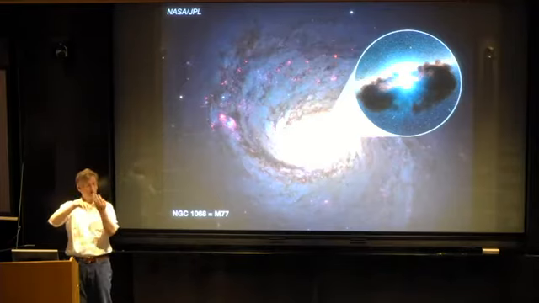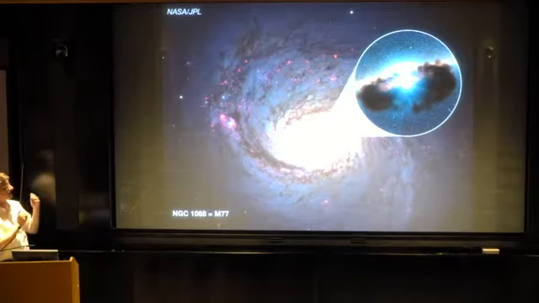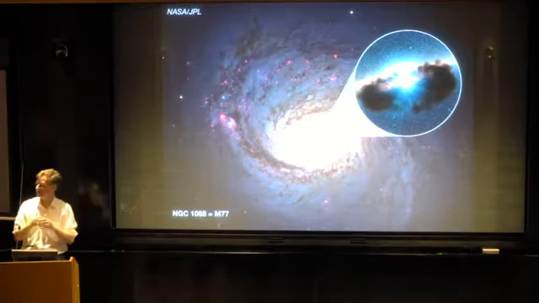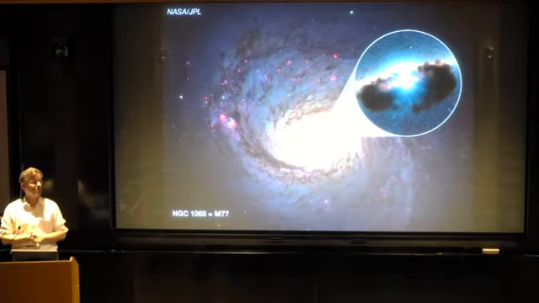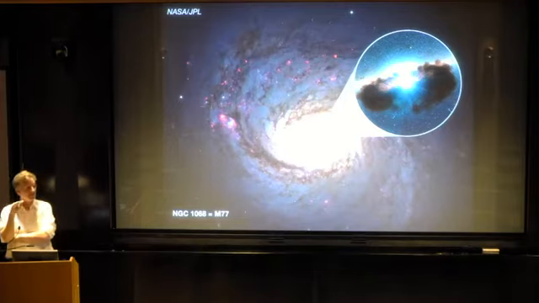And this object has played an outsized role in the history of thinking about these Seyfert-2 systems because it is the cornerstone of the argument for a so-called unified model of active galactic nuclei. So in the unified model, Seyfert-1s are seen face on and Seyfert-2s are seen more nearly edge on.